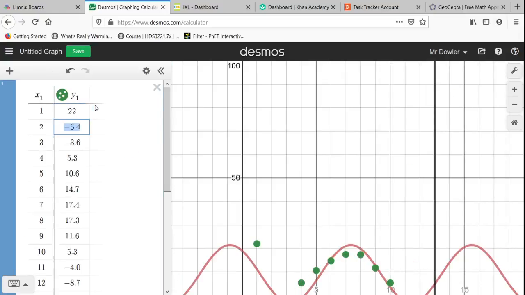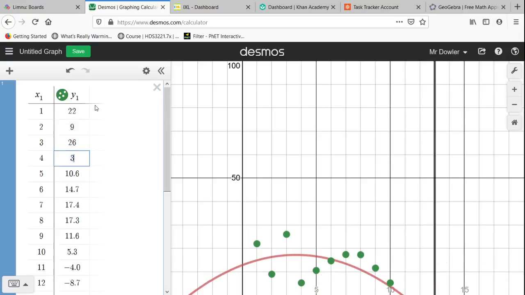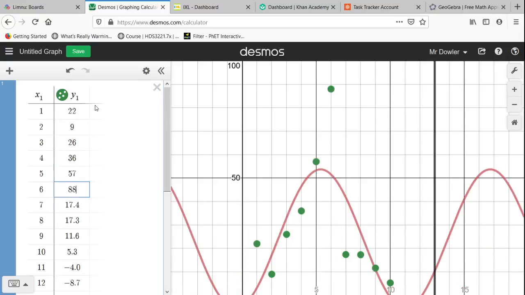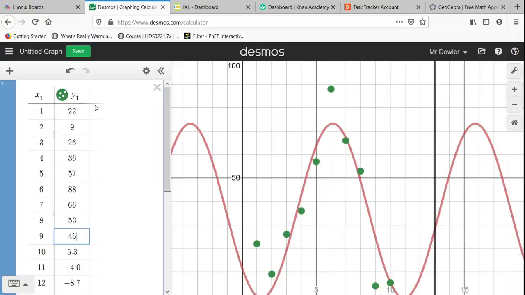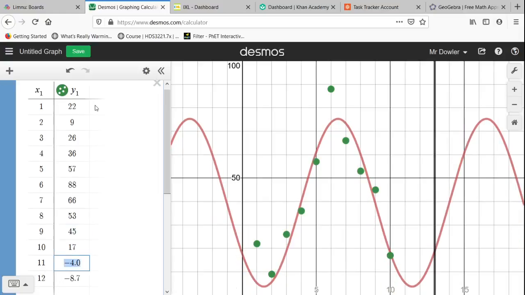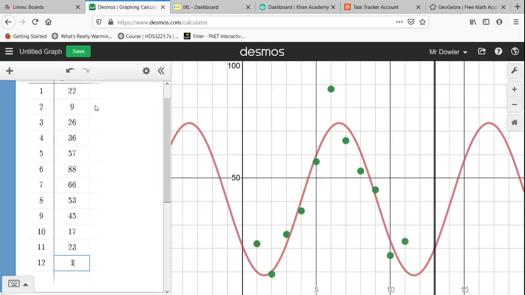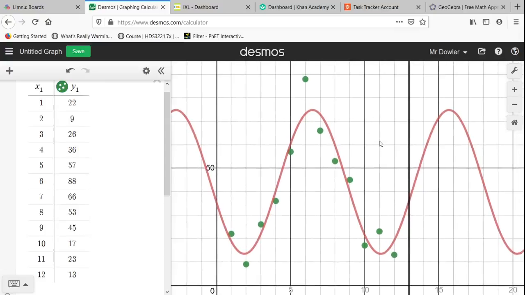So we have a 22, a 9, and as we enter this new data, we'll see each data point pulling that regression curve up, since we've got half of one curve and half of another. So there we go. That has bent and twisted it to where we are at.